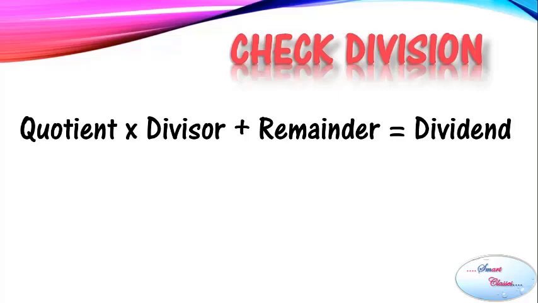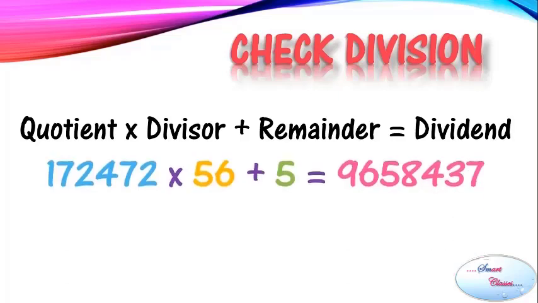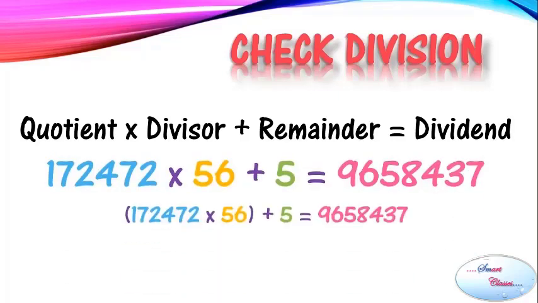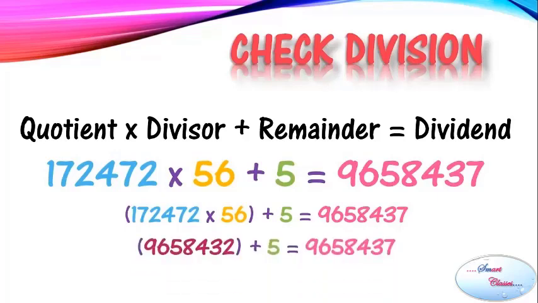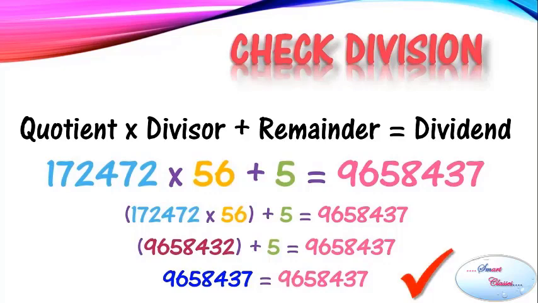We have already studied this formula that quotient into divisor plus remainder is equal to dividend. So here we have multiplied the quotient with the divisor and added the remainder, which gives us the same number as the dividend. It proves that the division which we have done is correct.